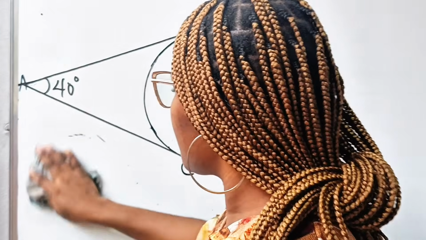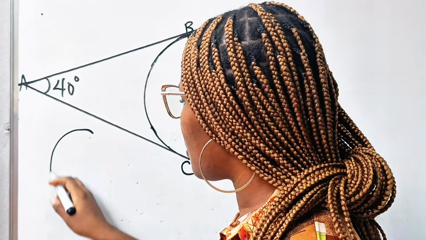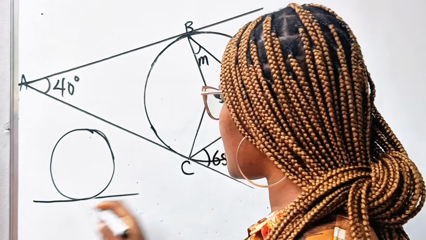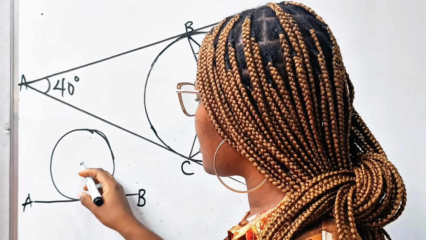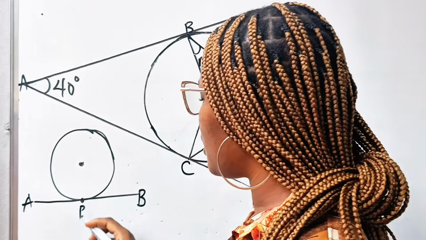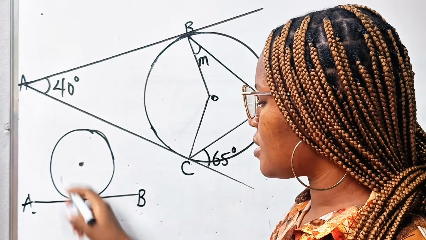that states that in a circle, if there is a tangent AB, and this is the center of the circle, while this, let's call this P, is the point of contact between the tangent and the circle.